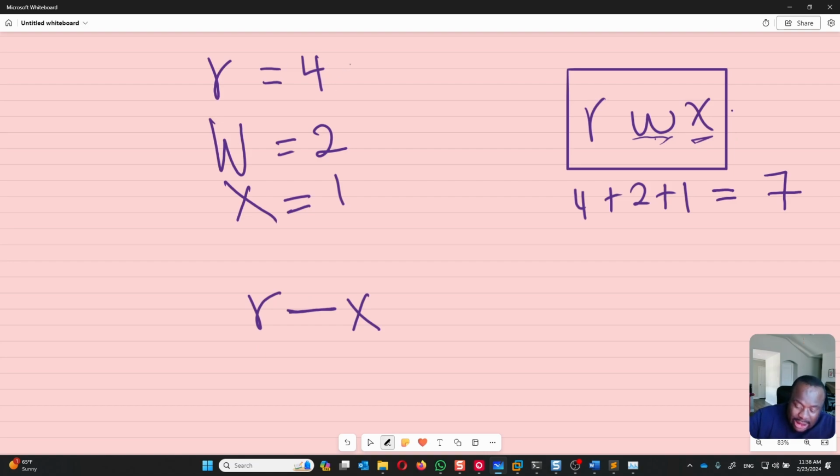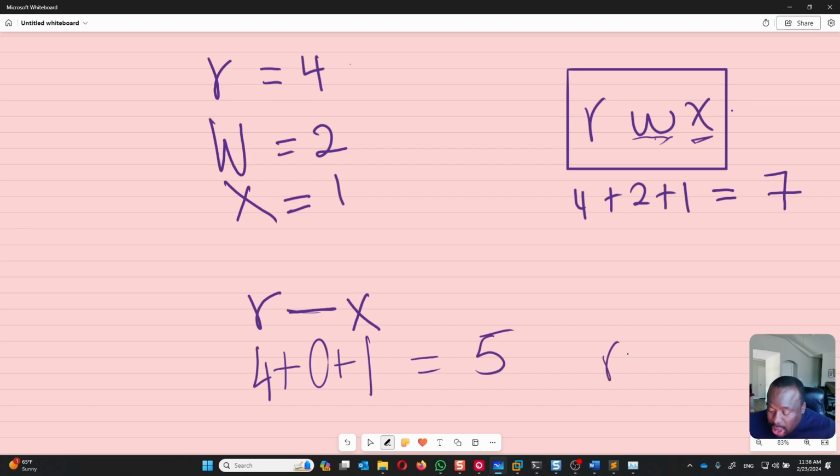The value for read is 4. What's the value for write? There is no write permission here, so it's 0. And what's the value for execute? The value for execute here is 1, as usual. So 4 plus 0 plus 1 is equal to 5. So when you see the number 5, it just means he has the permission to read and execute. That's all the permission they have.